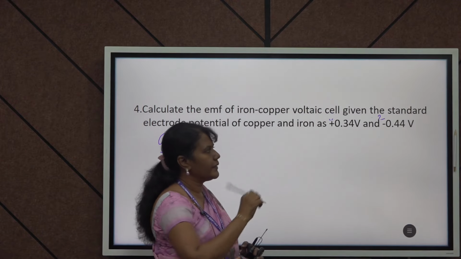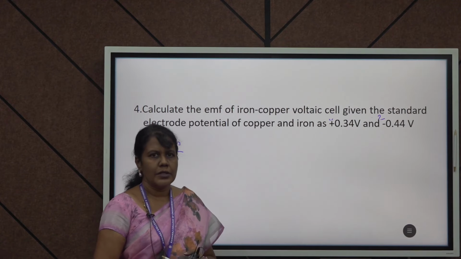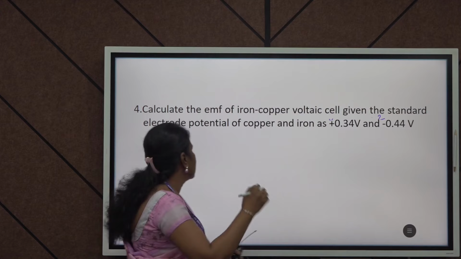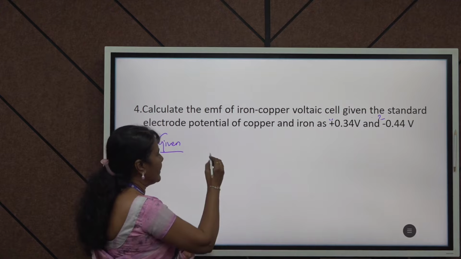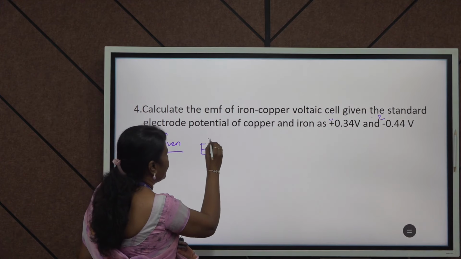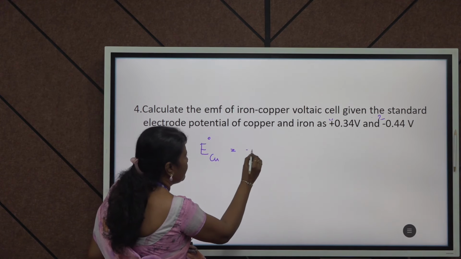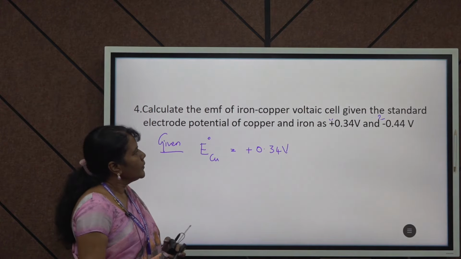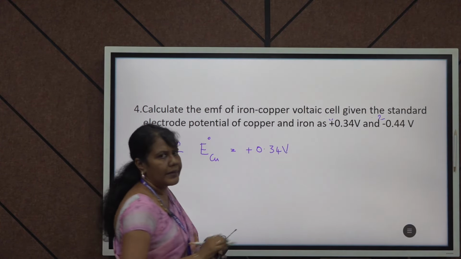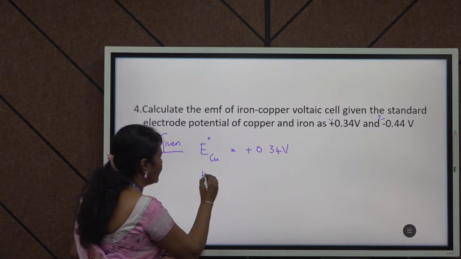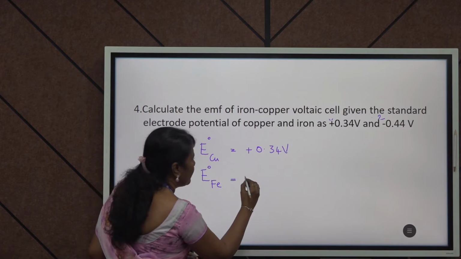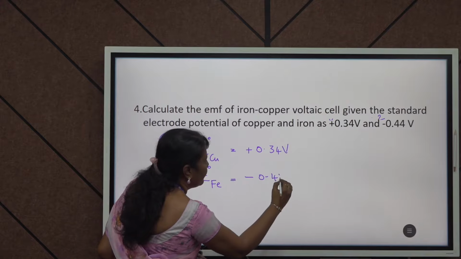All these values will be there in the EMF series table. First let me write the given data. E naught for copper is plus 0.34 volt, and E naught for iron is minus 0.44 volt.